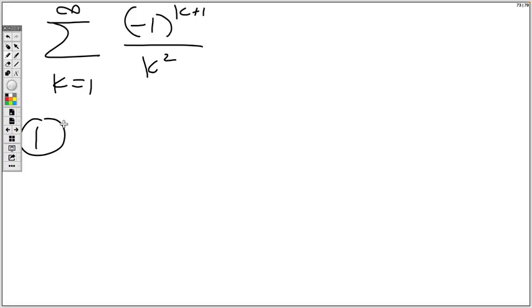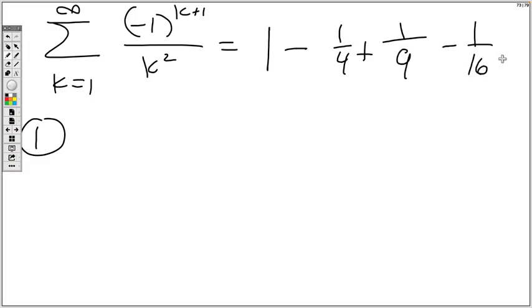Alternating. The best way to do that is, when in doubt, write it out. So when k is 1, I get negative 1 to the squared, which is what? Positive 1. When k is 2, I get negative 1 cubed, which is negative. You follow? So we do have an alternating series.